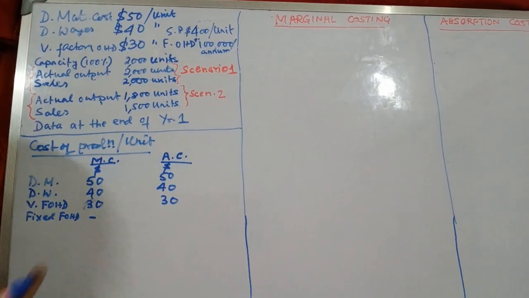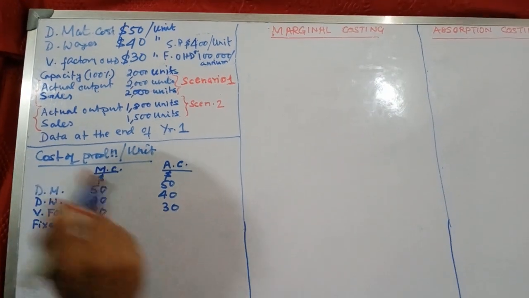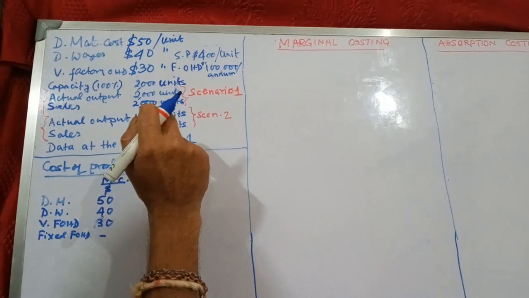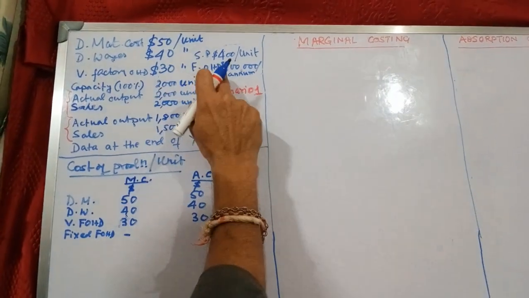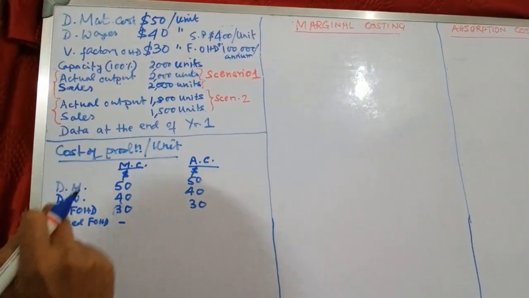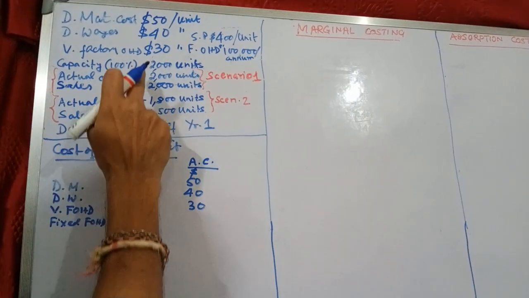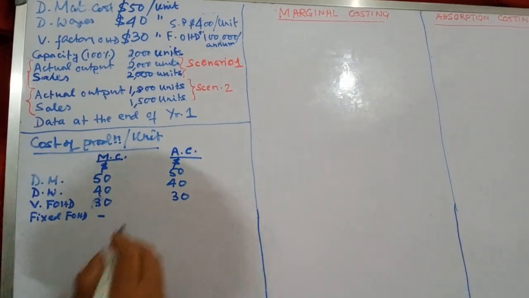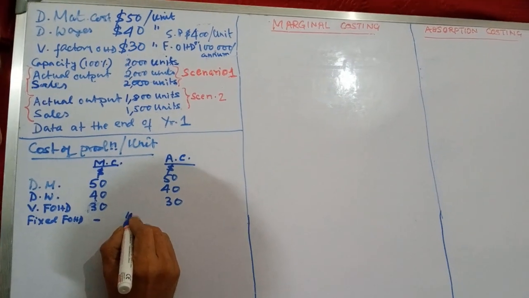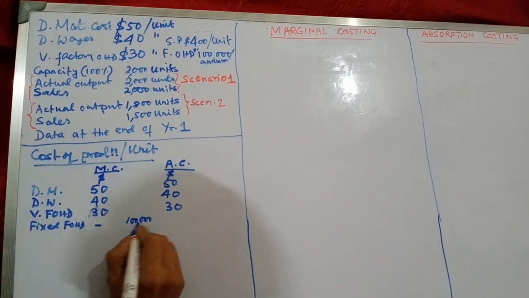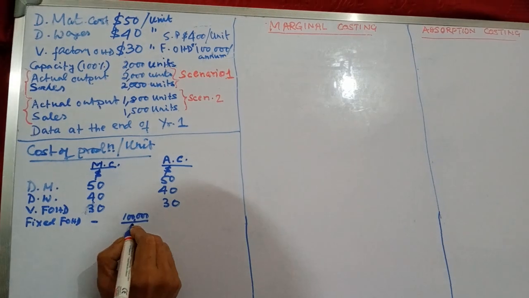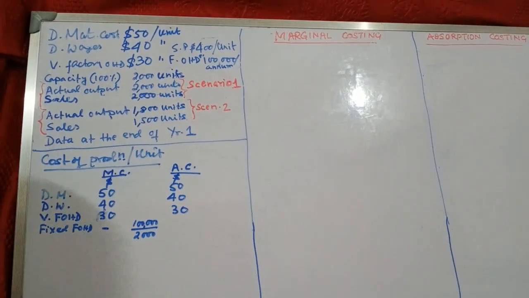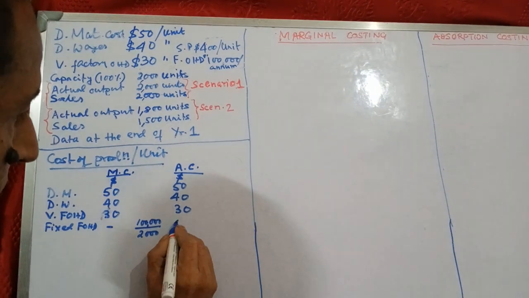And what will be the fixed overhead in absorption costing? What is the total overhead? Total fixed overhead 100,000, and what is the capacity? 2000 units. Okay, so 100,000 divided by 2000, it comes to 50.